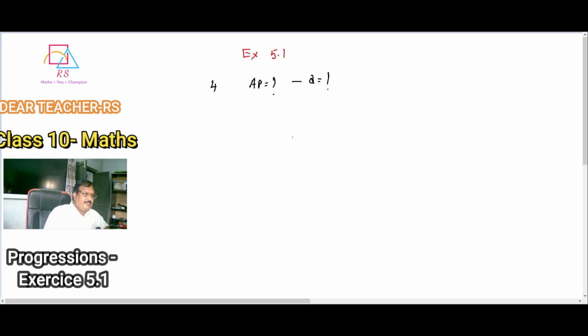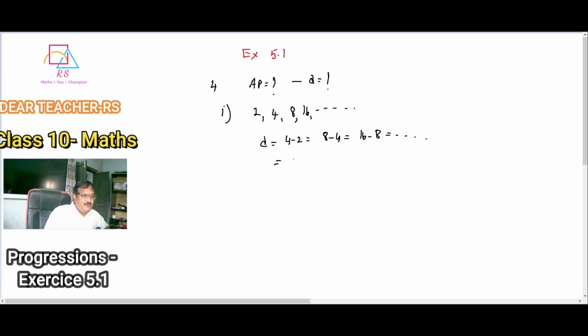Let me take one question. First question only I will be taking: 2, 4, 8, 16 and goes on. So now let us find out D, whether it forms an AP or not. 4 minus 2 is equal to 8 minus 4 is equal to 16 minus 8 and so on.